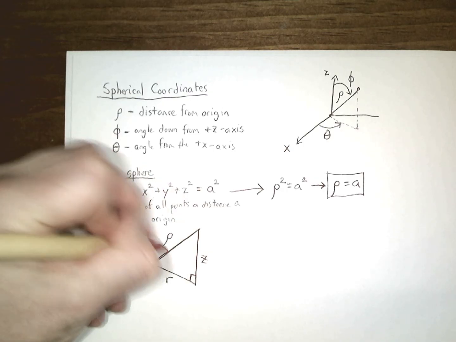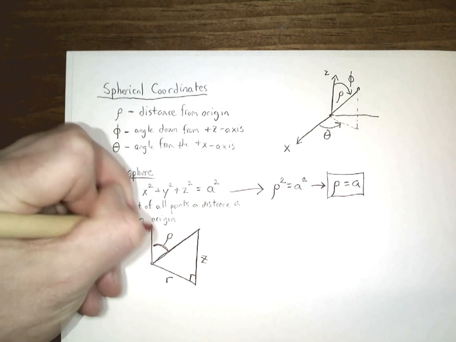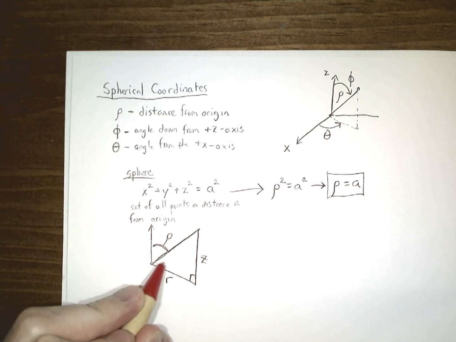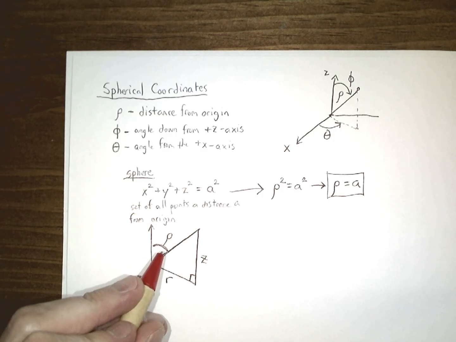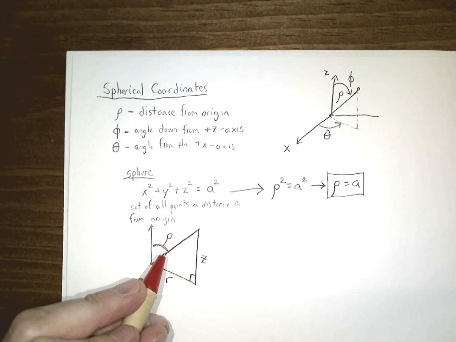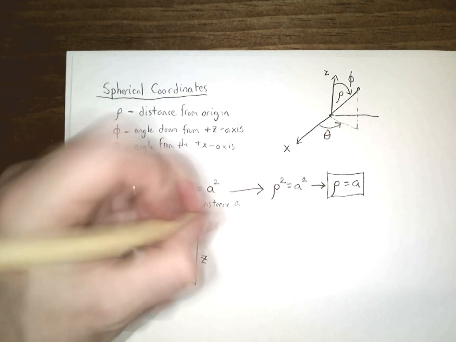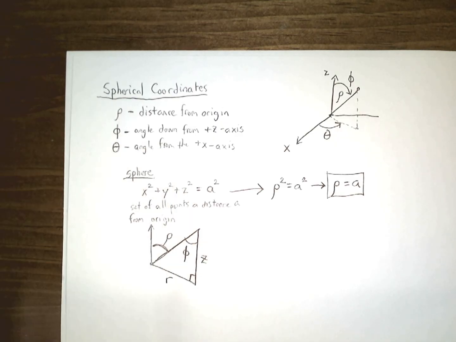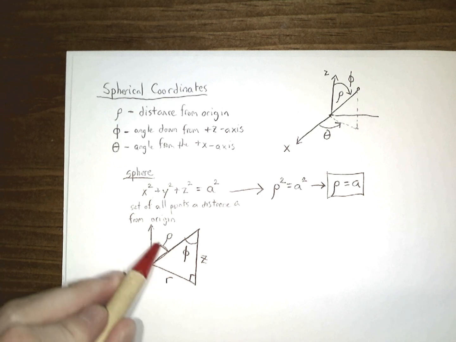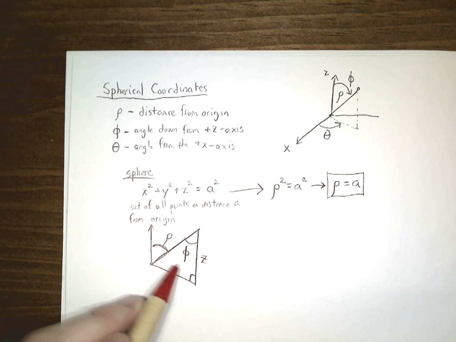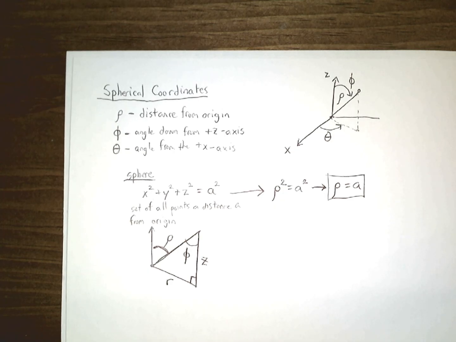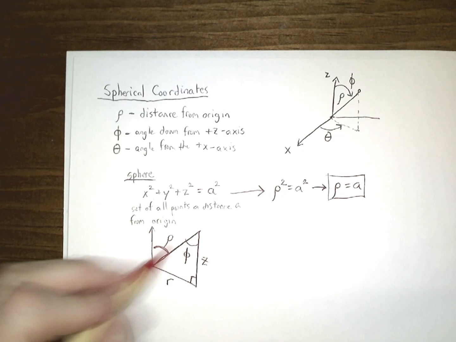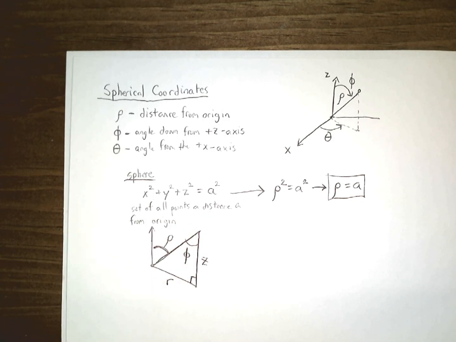This angle here, from the actual z-axis down to our line rho, represents the angle phi. By an old geometric friend, alternate interior angles, this is also the angle phi. And so we can relate rho, z, r, and phi by this kind of triangle that emerges when you connect the line rho down into the plane.